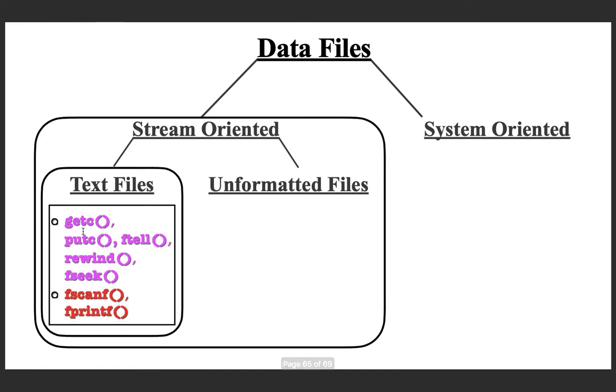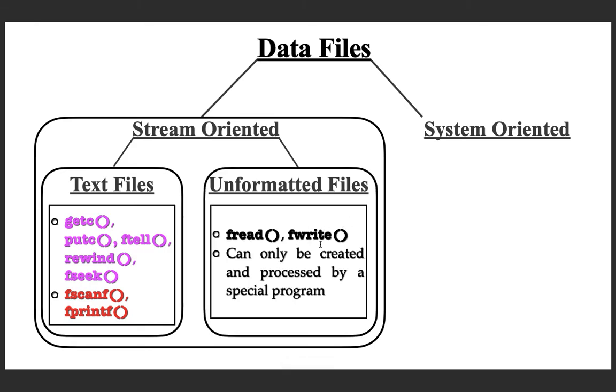If you look at all these operations, including the formatted operations fscanf and fprintf, then the files that you are going to deal with using all these functions are classified as just text files. And if you are using fread or fwrite, then you're going to call them unformatted files.